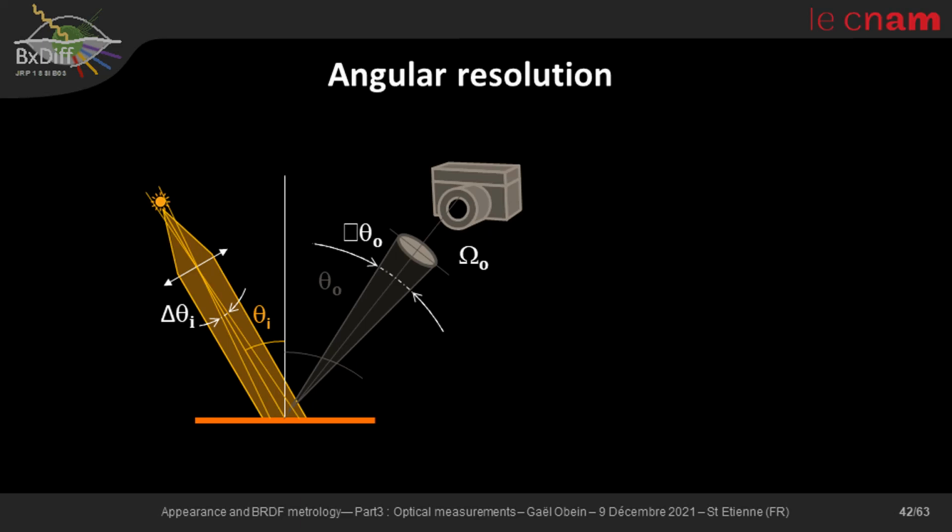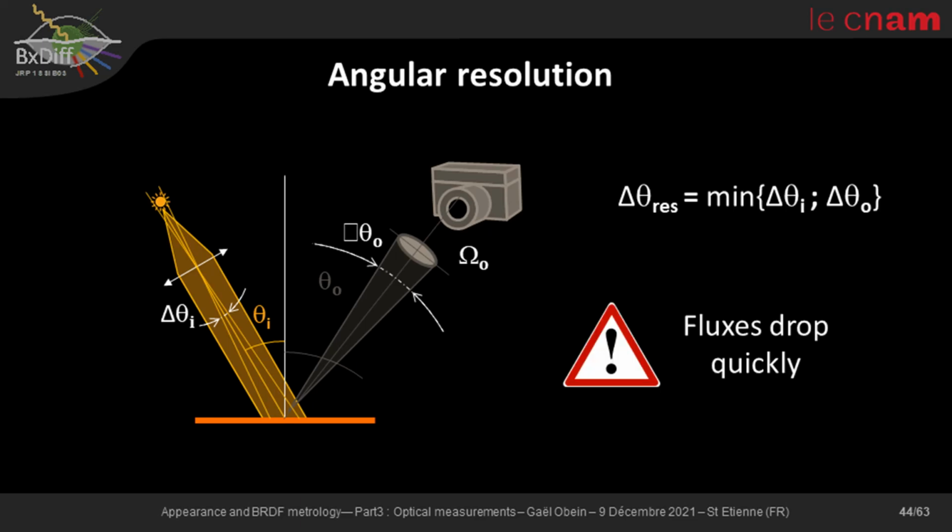And sometimes you really think that if you close your detection, you will increase your angular resolution. It's not true. What is important is to have theta i smaller than delta theta o here. That's what I put on the slide, I think.